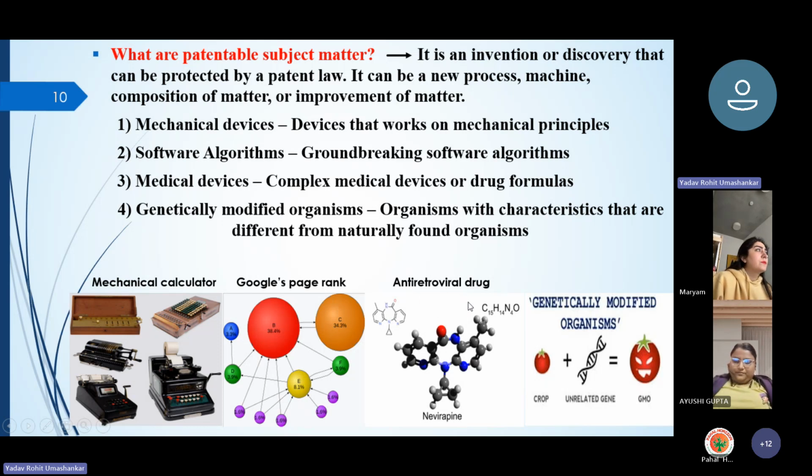An antiretroviral drug is generally given to a mother suffering from the AIDS virus, so that the virus cannot be transferred to the child if the mother is pregnant. And if you do some gene modification at the molecular biology level in organisms, that can also be patented.